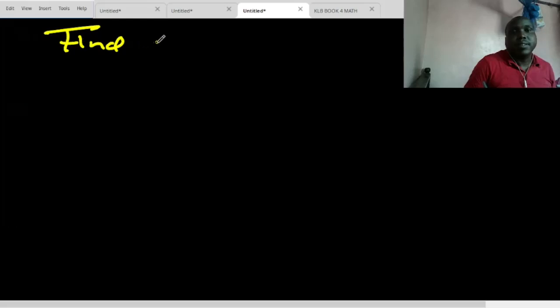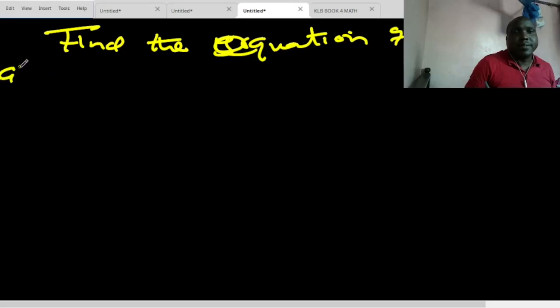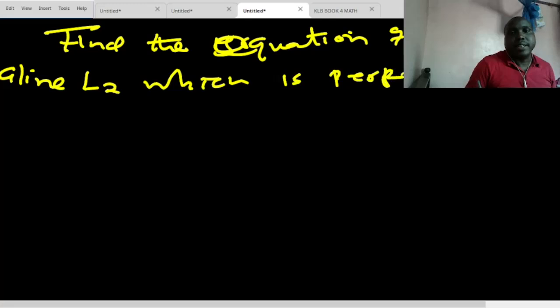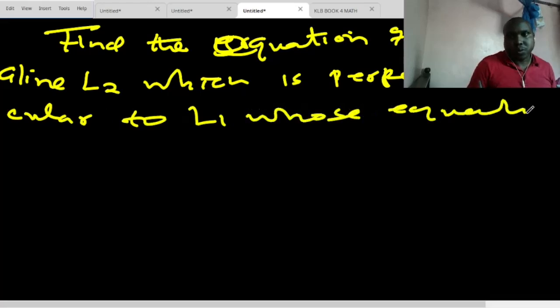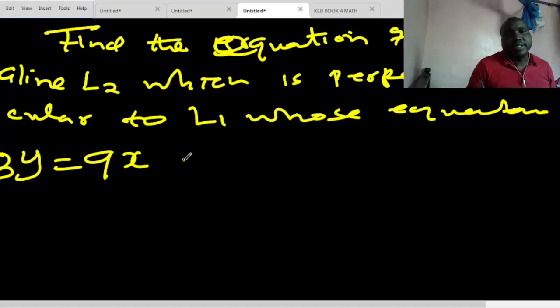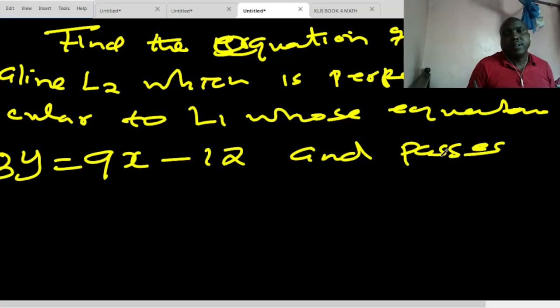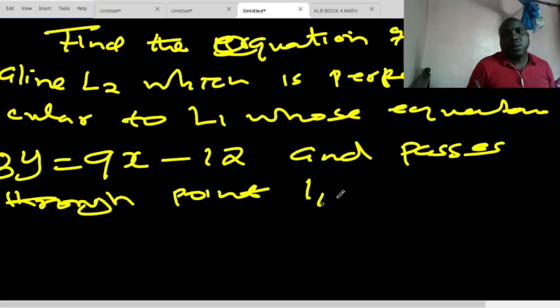Find the equation of a line L2 which is perpendicular to L1, whose equation is 3y = 9x - 12, and passes through the point (1, 3).